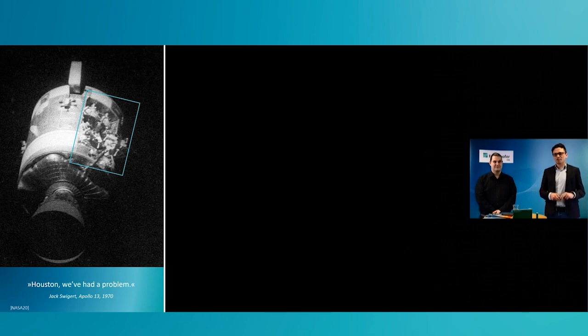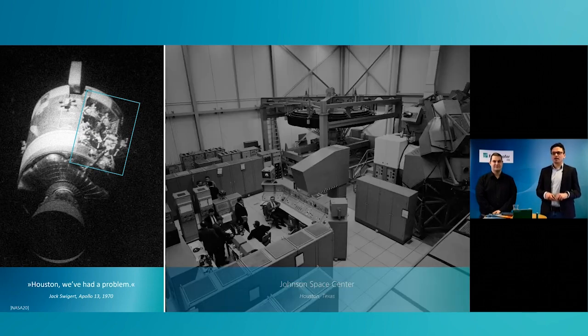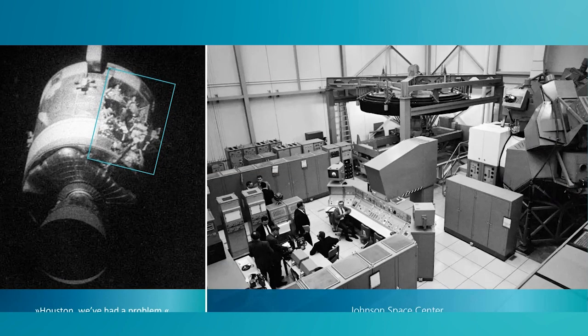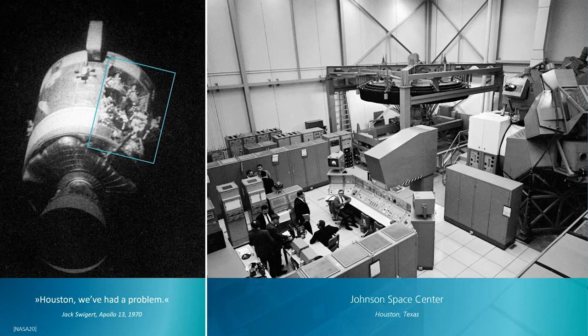What NASA did is that they created a physical twin of the actual spaceship, and they had this physical twin at the Johnson Space Center on the ground in Texas, in the US. And what they did there is that they gathered all the information they had from the problem in space, and they recreated everything at the physical twin at the ground station.